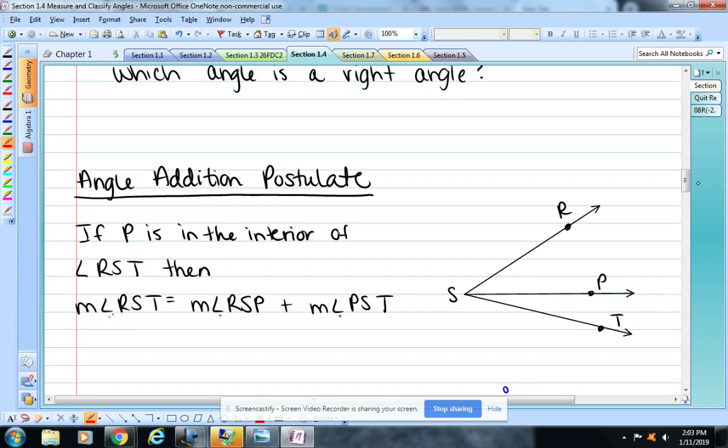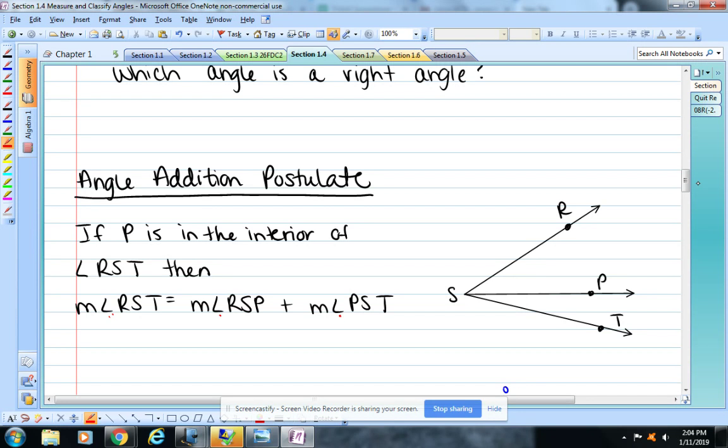Well, the angle addition postulate is if we have a large angle that's divided into two smaller angles. So, for instance, this one, they have a ray SP that's dividing this into two parts.